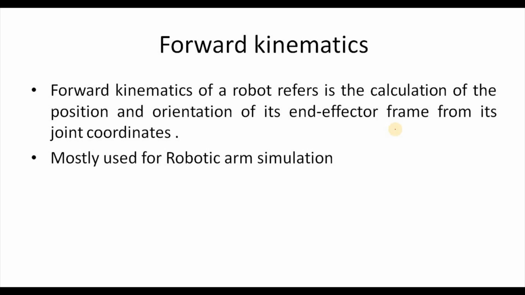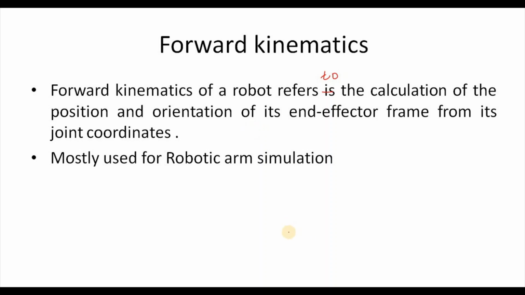Forward kinematics of a robot refers to the calculation of position and orientation of its end effector frame from its joint coordinates.